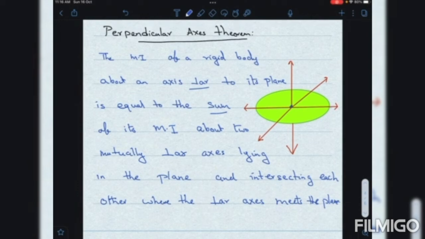So I repeat again, the moment of inertia of a rigid body about an axis perpendicular to its plane, suppose Z prime, which we have to determine, is equal to the sum of the moments of inertia about two mutually perpendicular axes lying in the plane. Our two mutually perpendicular axes are x prime and y prime.